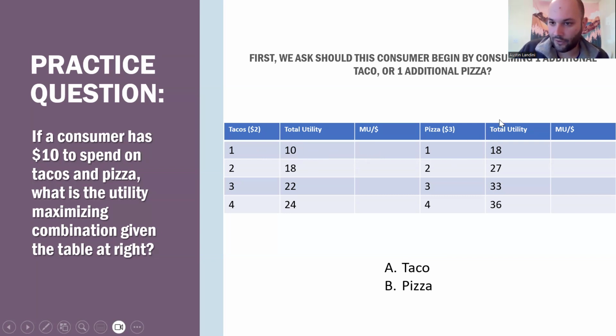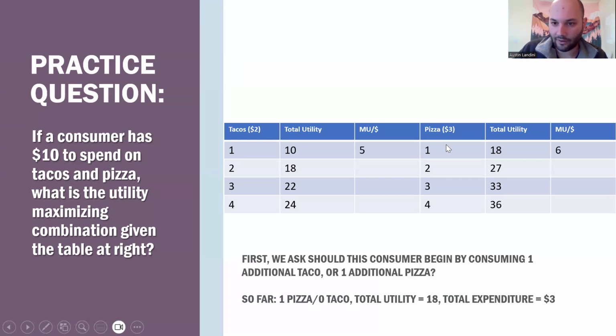Meanwhile, if we're consuming 0 pizza, we get 0 total utility. When we go to consuming the first pizza, we get 18 utility, so an increase of 18. Our marginal utility is 18 from 0 to 18, and it costs $3. So the marginal utility of pizza per dollar for the first slice would be 18 divided by 3, or 6.